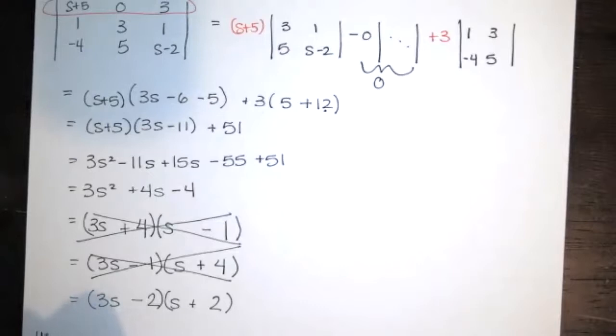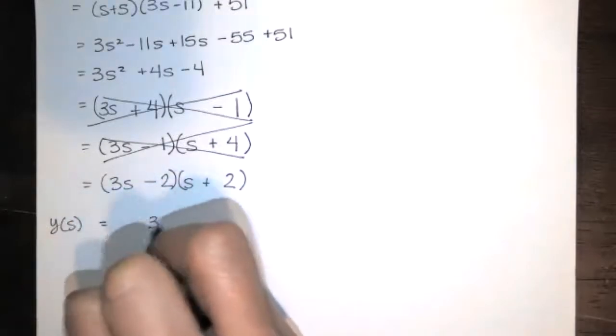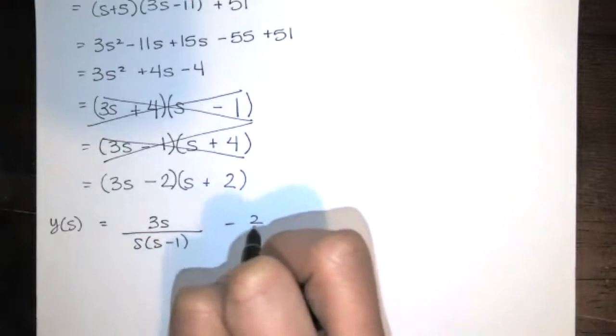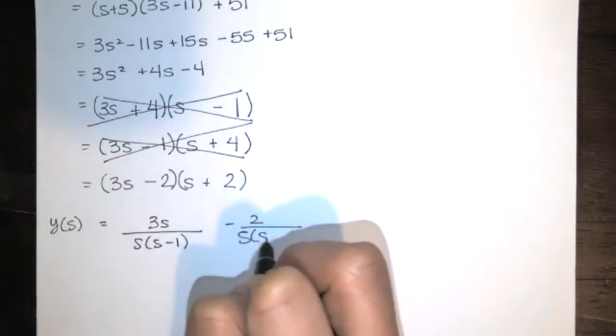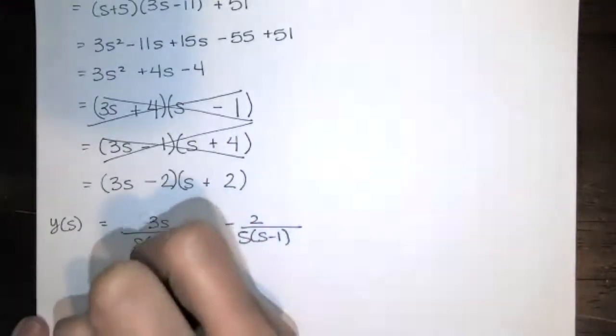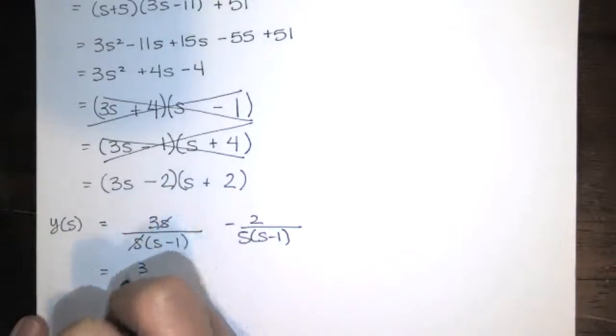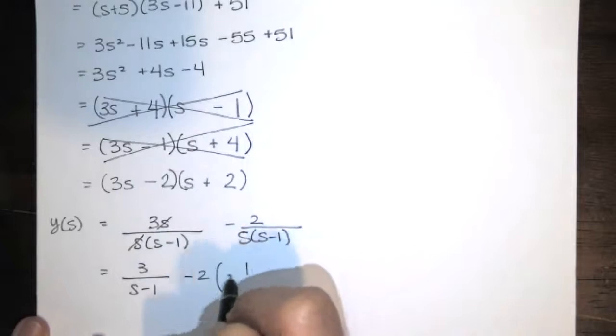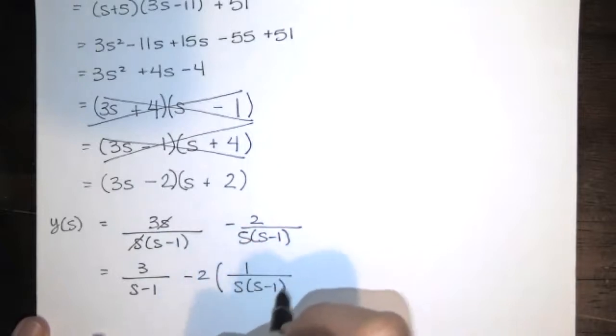You can split it into a number of pieces. We could say that y of s is equal to 3s over s times s minus 1 minus 2 over s times s minus 1. And then the s's would reduce, and we'd get 3 over s minus 1 minus 2 times the quantity 1 over s times s minus 1.